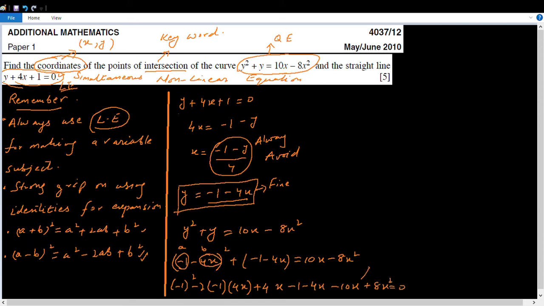Now I solve it up here. I use a line to separate this.